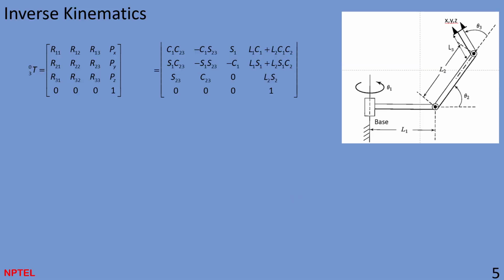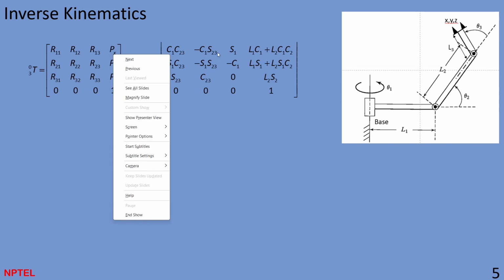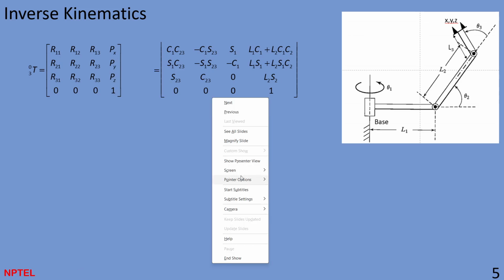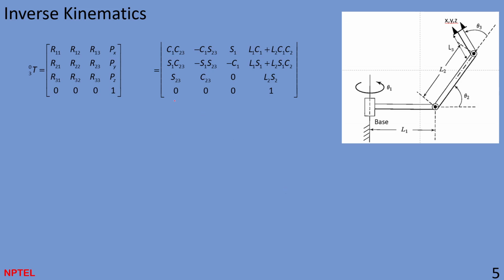So let's start. c23 is basically cos of theta 2 plus theta 3, and s23 means sine of theta 2 plus theta 3. This was the equation.